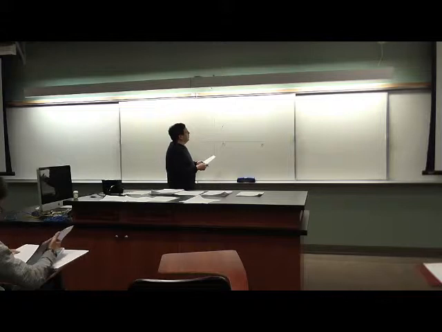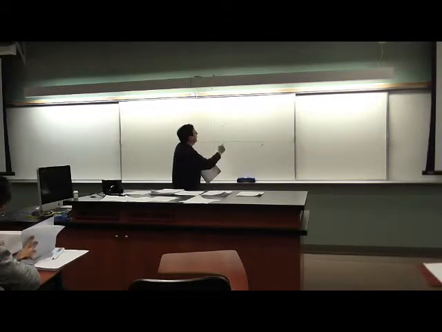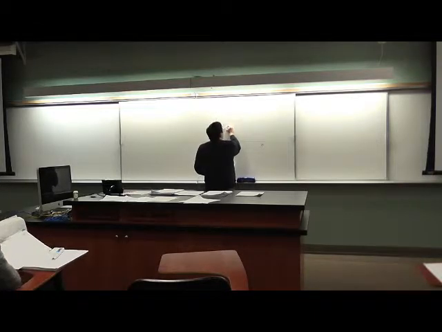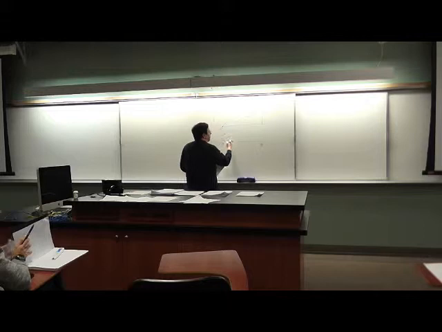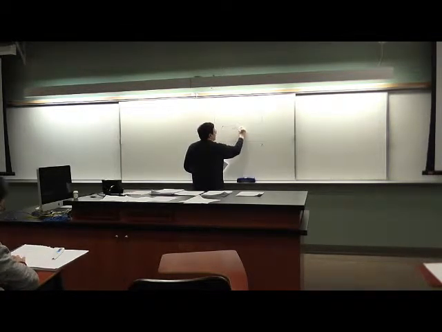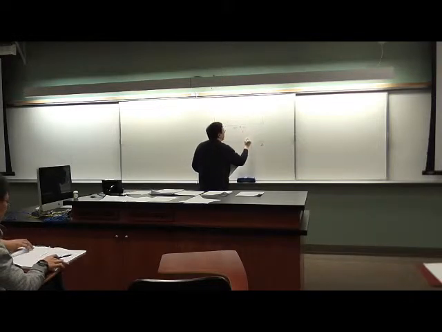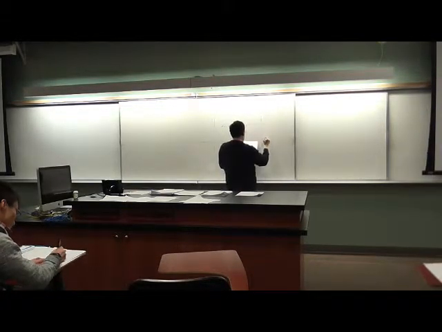So to start with, as just a very rough estimate, I can find the delta x, which is b minus a, and the delta y.